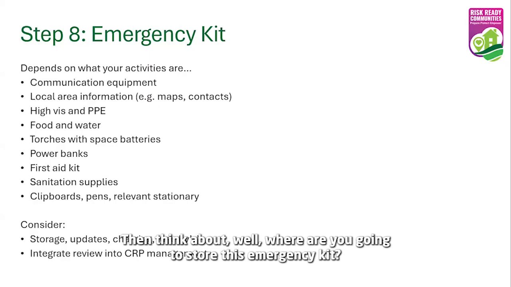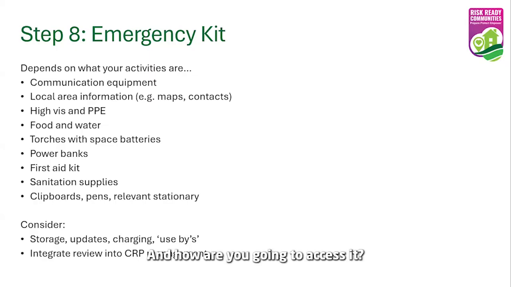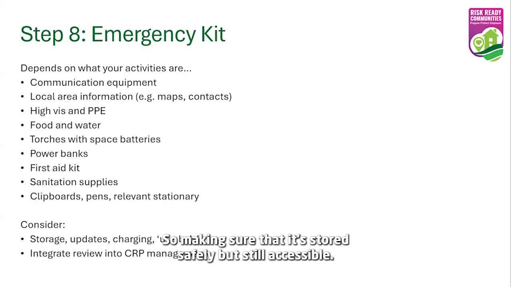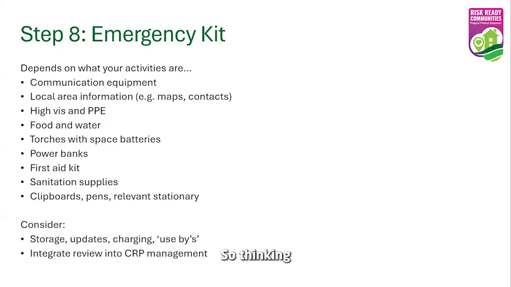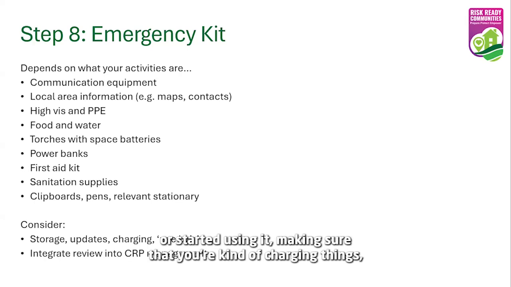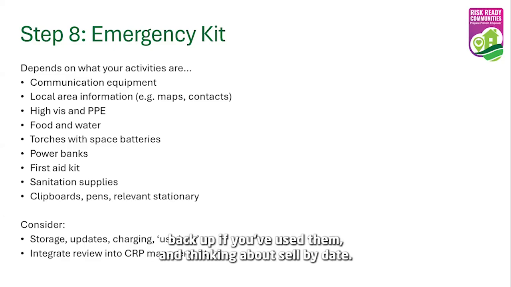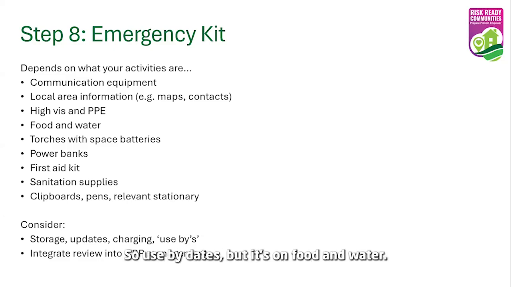Considerations then: where are you going to store this emergency kit, and how are you going to access it? Making sure that it's stored safely but still accessible. Do you need to update that kit? Are there things that are missing once you've assembled it or started using it? Making sure that you're charging things back up if you've used them, and thinking about sell by dates or use by dates, both on food and water.